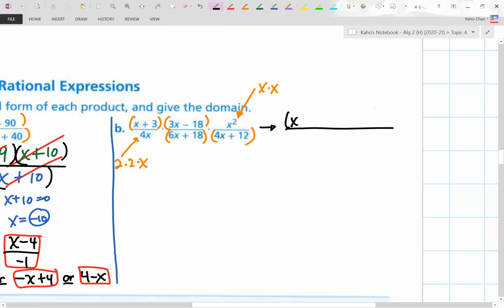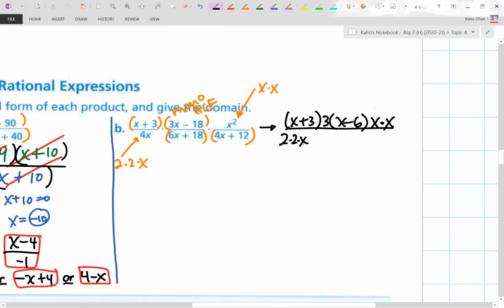x plus 3 is already broken down. 3x minus 18, I can take out a monomial GCF. Definitely. I can take out a 3. When I take out a 3, I'll be left with an x minus 6. And then x squared, I'm going to actually break it down to x times x, so you can kind of see it visually. 4x in the denominator is 2 times 2 times x.